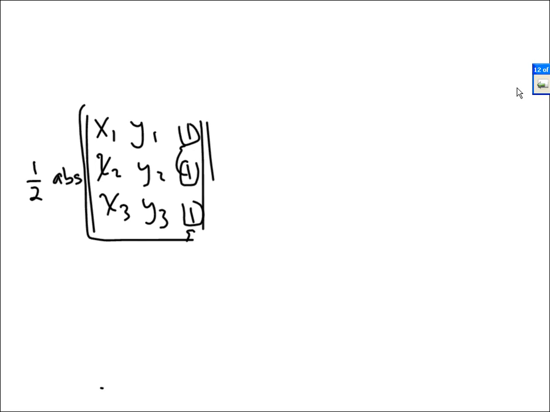given the vertices. If you have the 3 vertices that make up the triangle, it's a piece of cake. I love this formula. This is the greatest formula ever. If you want the area of a triangle, it's not hard at all.